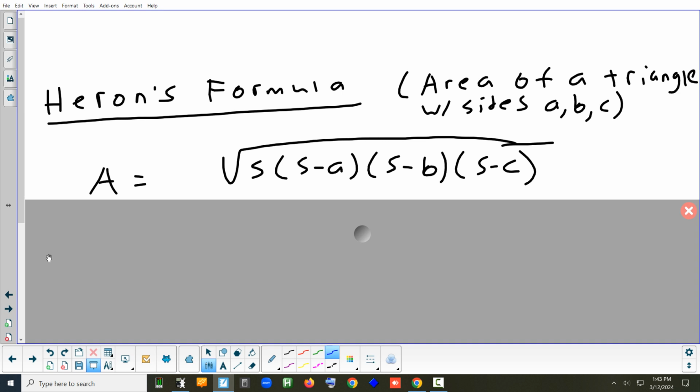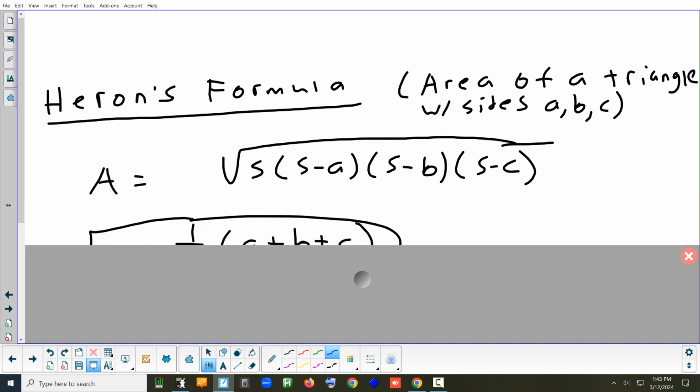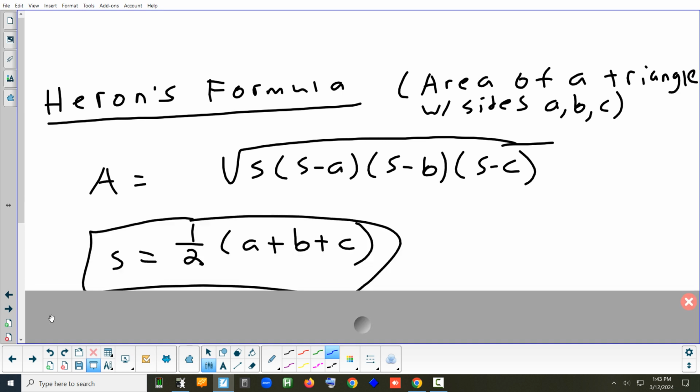Yeah, we haven't talked about what s is. Well, if you add together a, b, and c, what do you call that in a triangle? It's the perimeter. And if you take half of the perimeter, does anybody know what you call half the perimeter? Section.